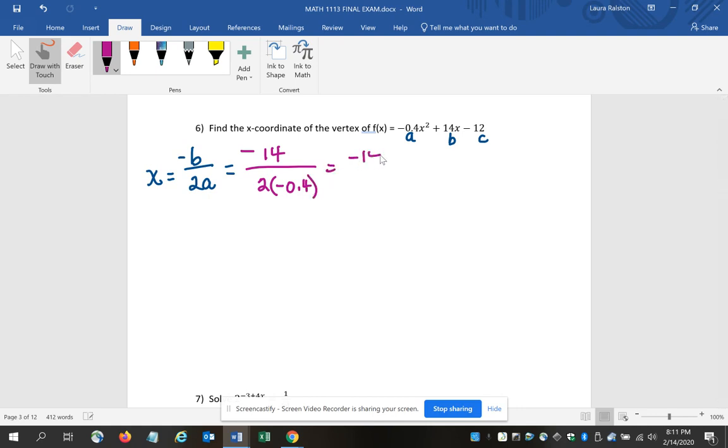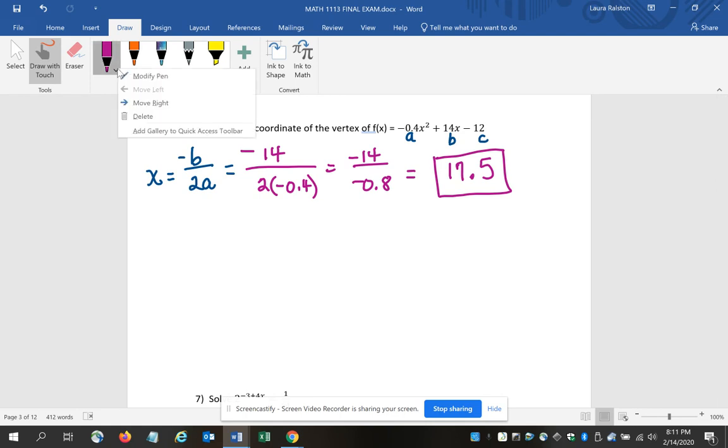So I have negative 14 divided by negative 8/10. Remember, a negative divided by a negative is definitely going to be a positive. And when you do that division using your calculator, you get a value of 17.5. And that would actually be the answer to the question.